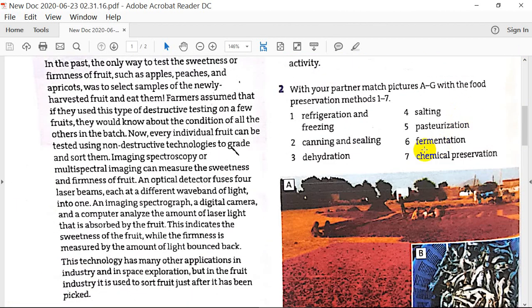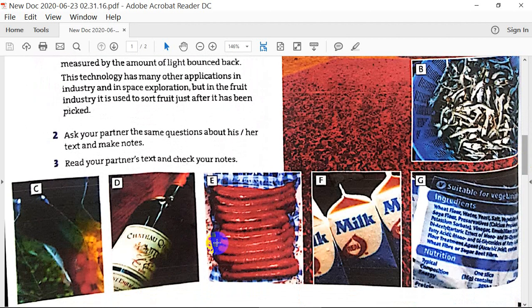Fermentation, I think it matches with picture D, with the alcoholic bottle, or wine or something that includes alcohol. Bacteria cannot grow in alcoholic material or alcoholic liquid.